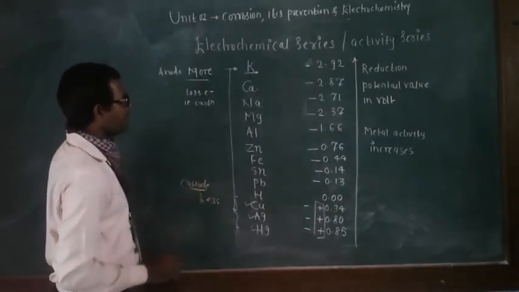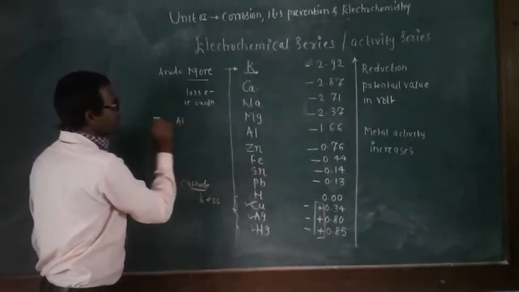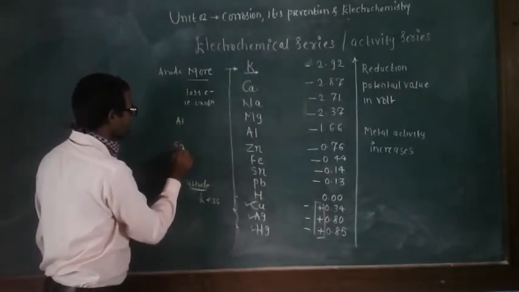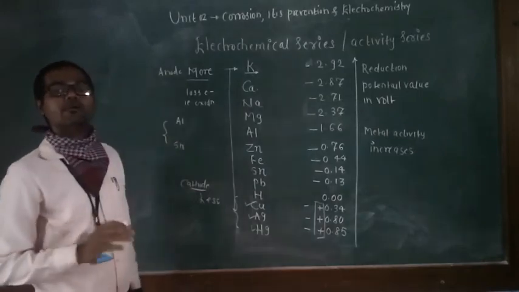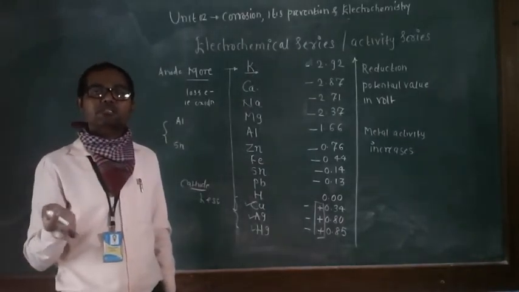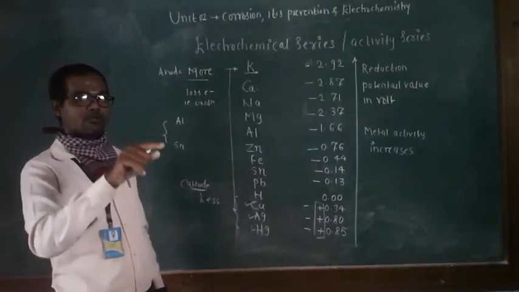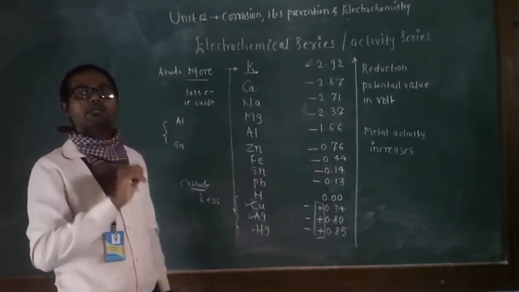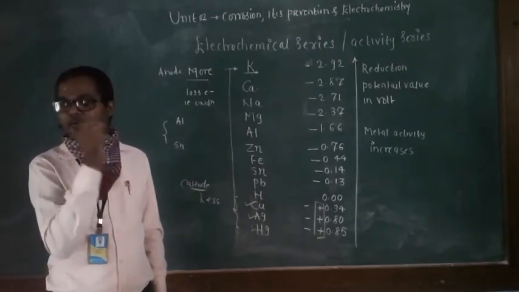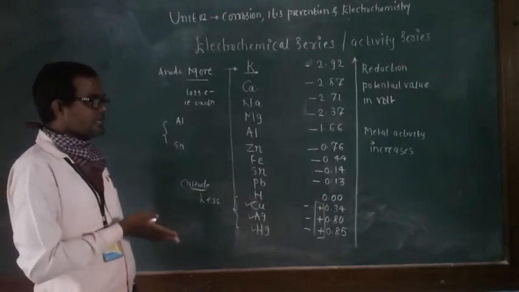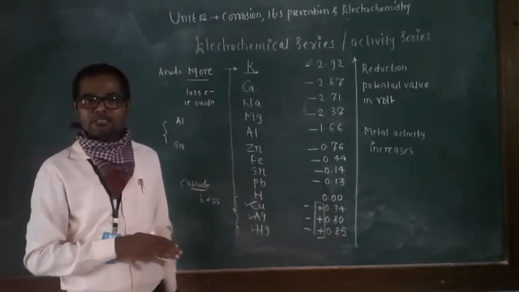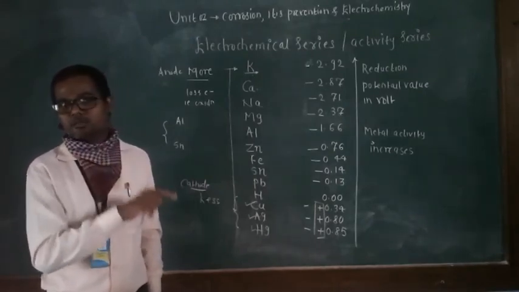Let's see the example. In case of aluminium and, say for example, tin, which electrode is a cathode and which electrode is an anode in absence of battery? So here we are going to see the position of that electrode in an activity series or the electrochemical series. Those placed higher in an activity series are said to be anode.